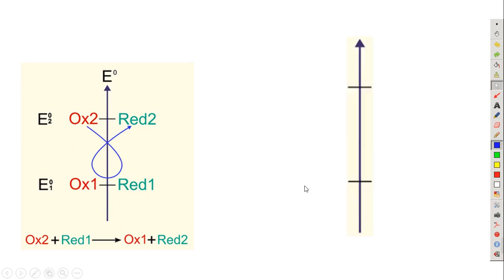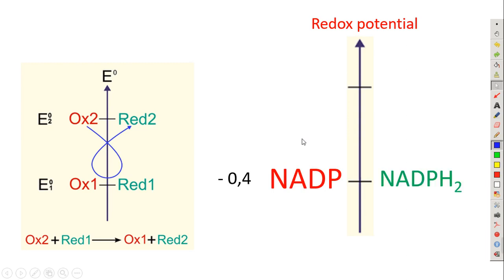So we're going to do an example with our molecules. So let's have our redox potential axis. Our first couple is NADP, NADPH2. They have a lower redox potential, and our second couple is O2, H2O, and their redox potential is 0.8. You can see I've kept the same colours.